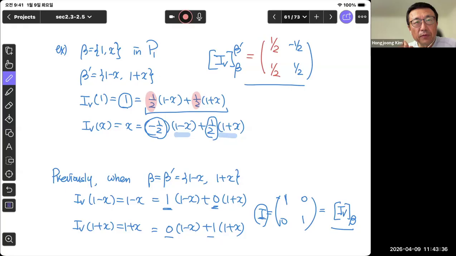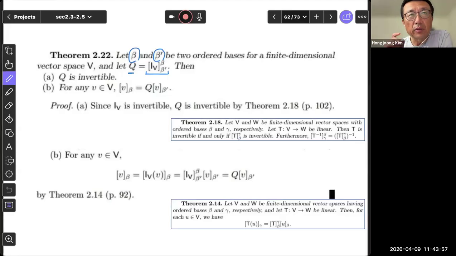But if two bases are different, as in the first example, then even though the mapping is identity, the matrix may not be the identity matrix. So if I go back to this theorem, in Theorem 2.22, we are considering two bases, beta and beta prime. And Q is a matrix representing this identity mapping, where beta prime and beta are used.